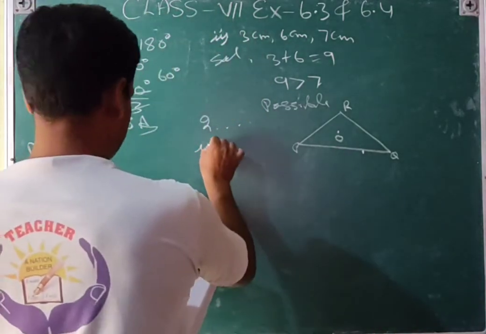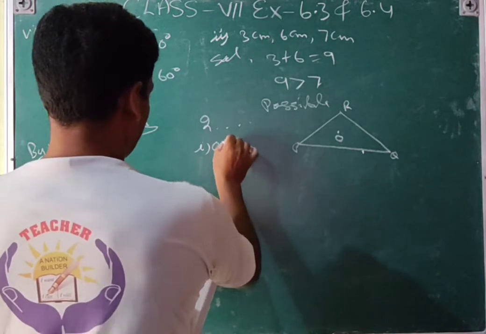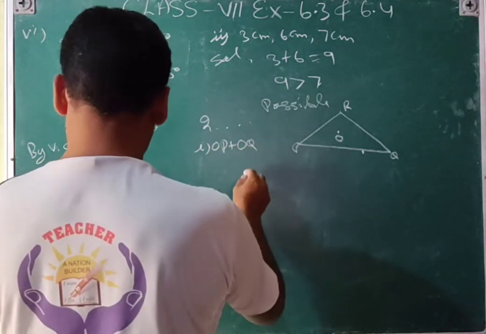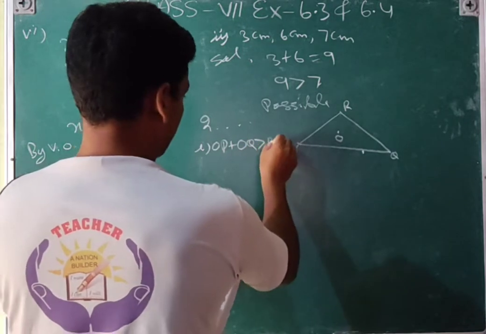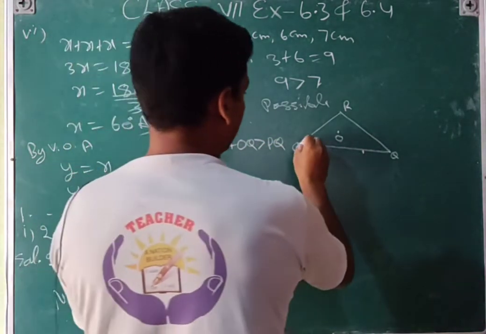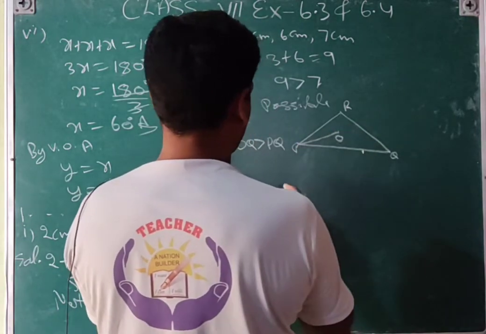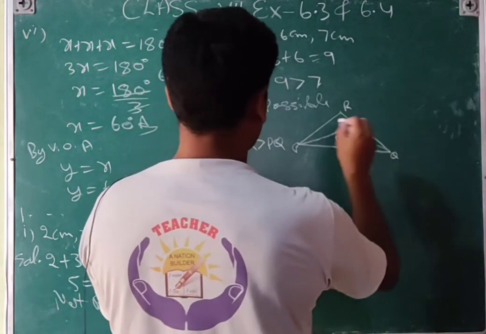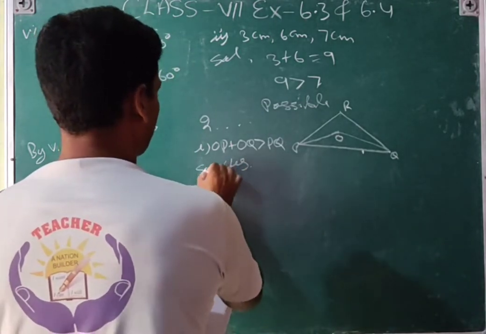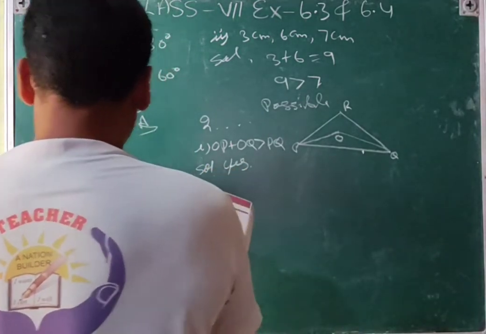First part: OP plus OQ is greater than PQ. First of all we will join OP and OQ, because that is a triangle. So that will be yes.